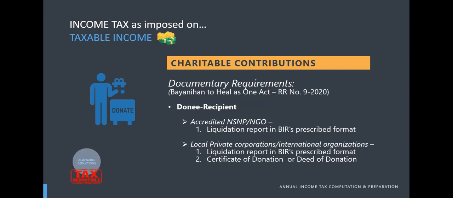In the case of local private corporations or international organizations that are not accredited but work together with an accredited NGO, they are required to submit a liquidation report in the BIR's prescribed format and a certificate of donation or deed of donation.